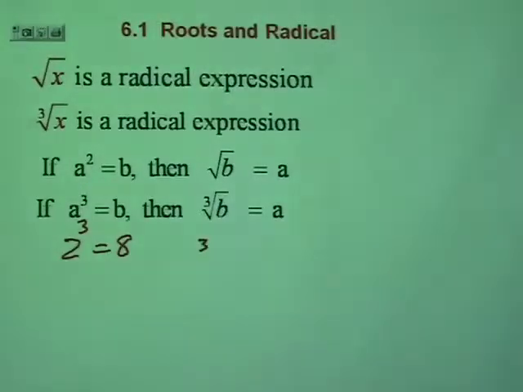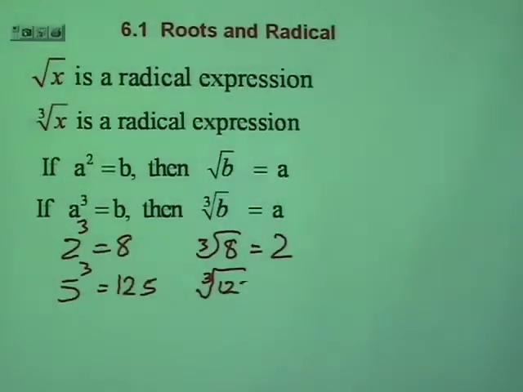That means cube root of 8 equal to 2. In the same way, watch another one. Can you tell me what is 5 to the power of 3 equal to? 5 to the power of 3 is 125. Therefore, cube root of 125 is 5.